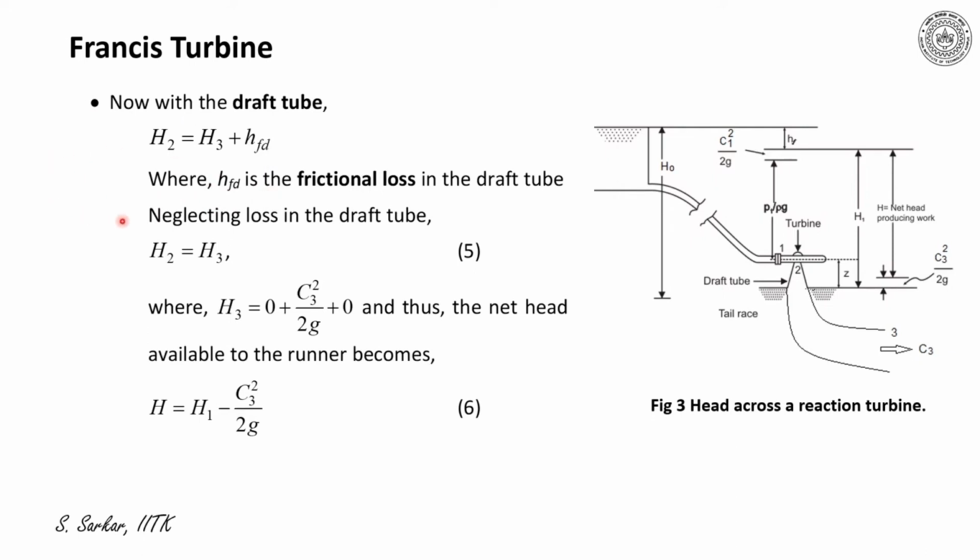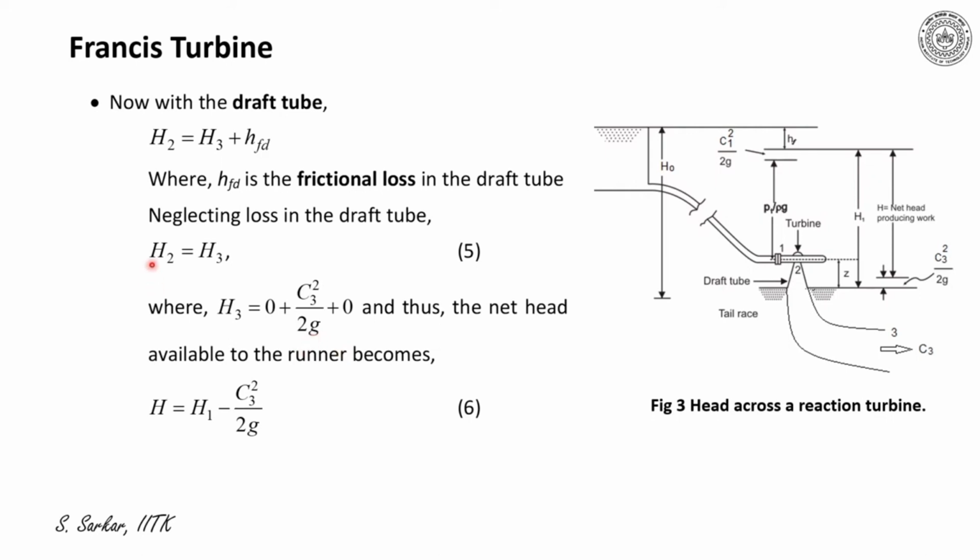Now, neglecting friction loss in the draft tube, we have H2 is equal to H3, which is equation number 5, where H3 is equal to C3 squared divided by 2g, because at the state point 3, the pressure is almost equal to the atmospheric pressure and Z being 0.